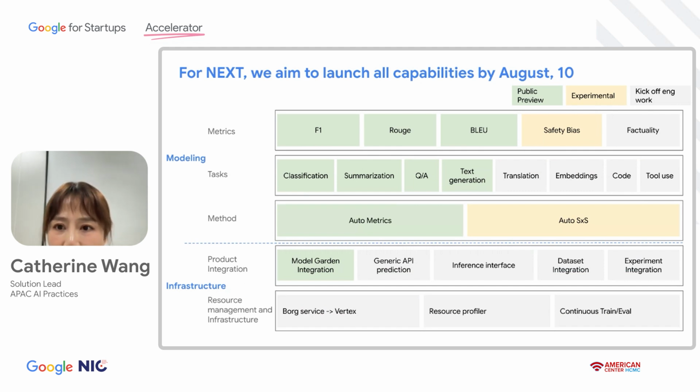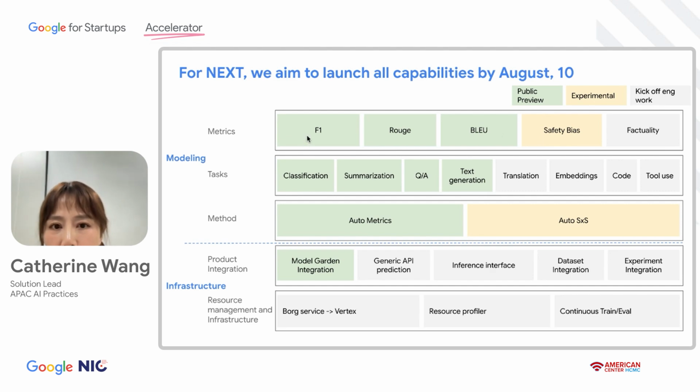I'll skip this one. So this is by far the capability that we are offering inside of Vertex AI. This is a bit complicated. If you remember what I've mentioned before, we do have different types of evaluation.